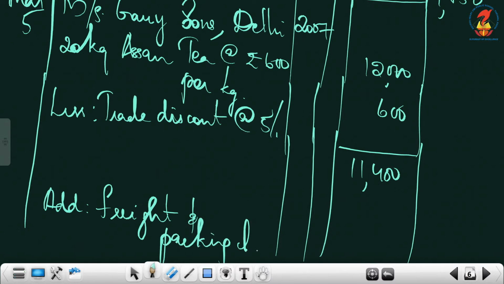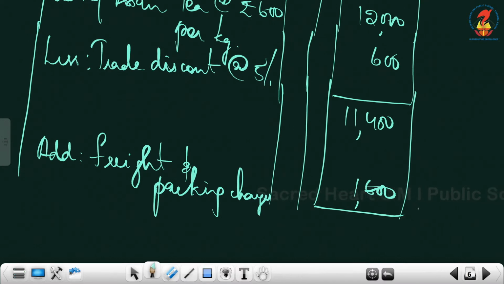How much is it? 1600. So that will be 12,000. Yeah, that's over. Sorry, this is not 12,000, that is 13,000. Yeah, it will be 3 here, 13,000.